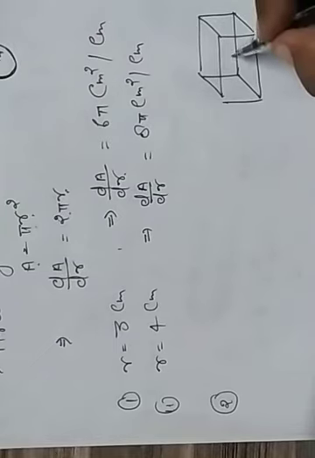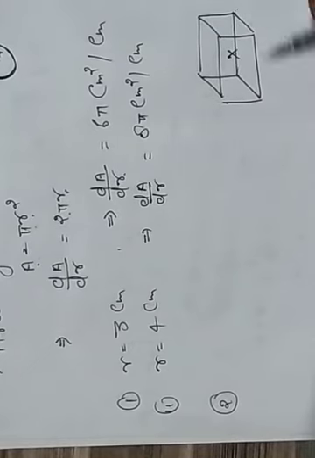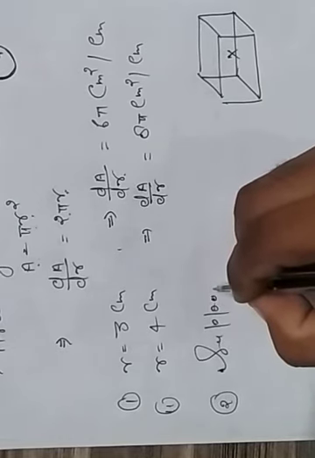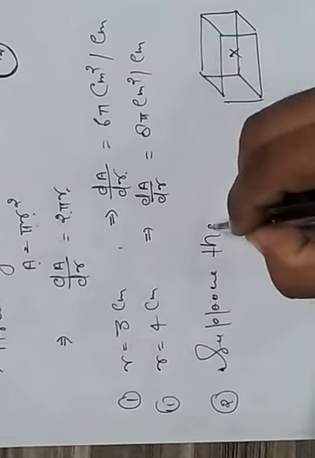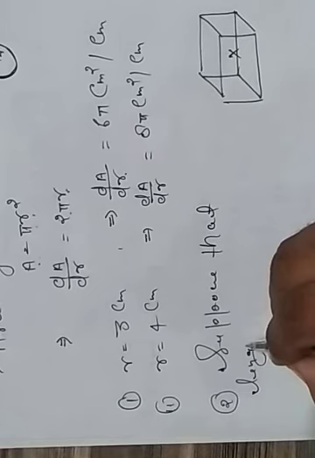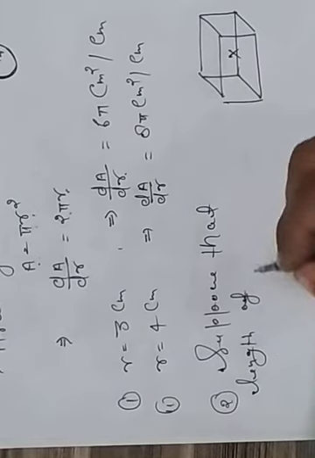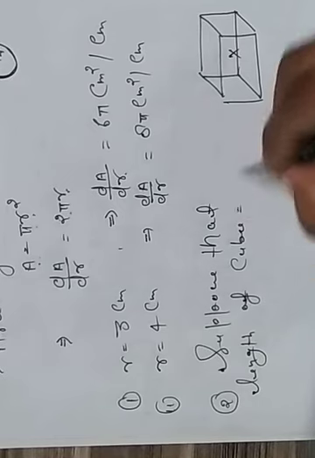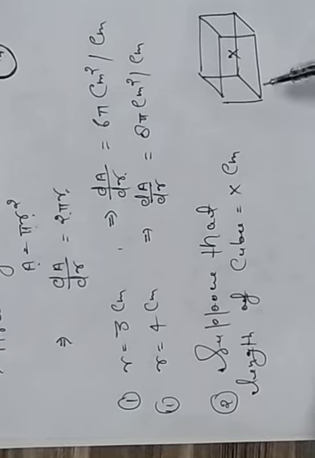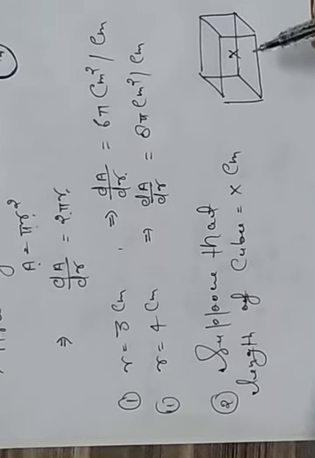Suppose that the length of the side of the cube is equal to x centimeter. So the question is saying the volume of cube is increasing at the rate of 8 centimeter cube per second.